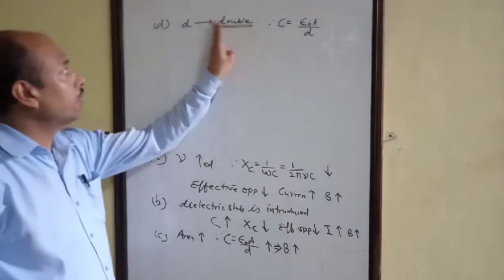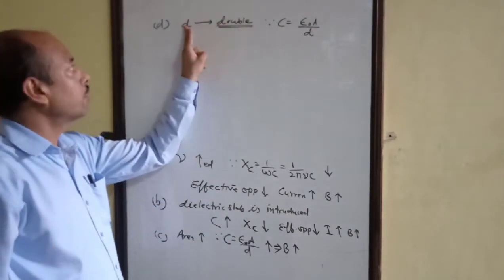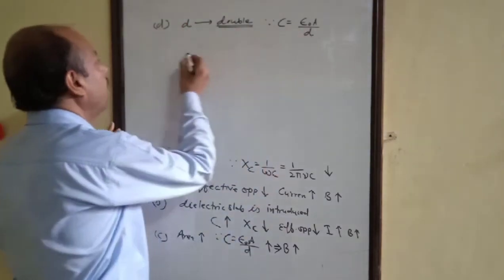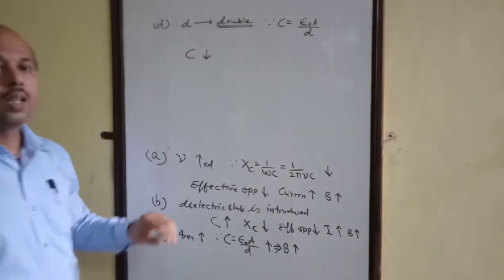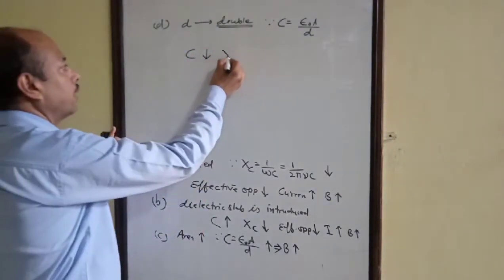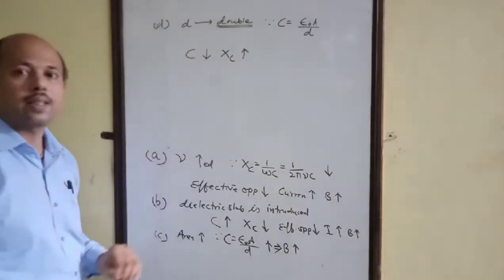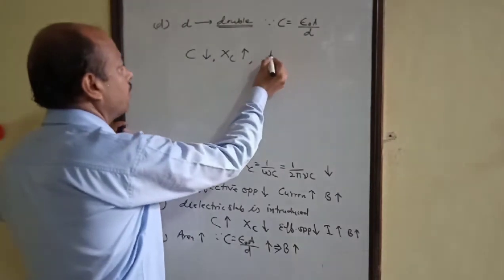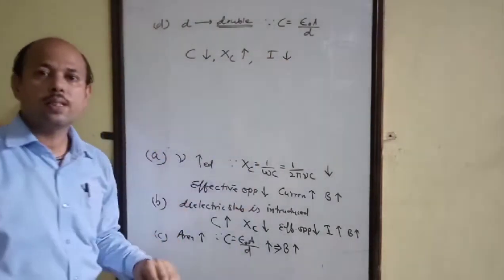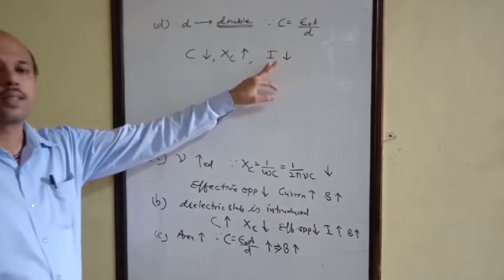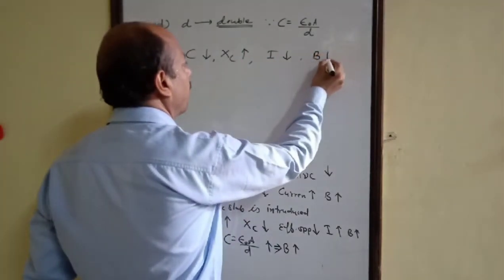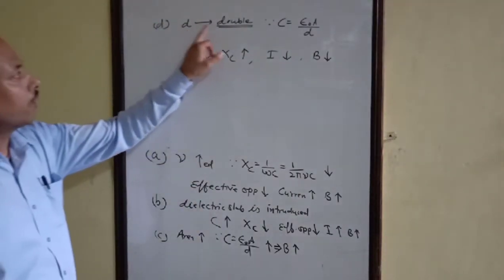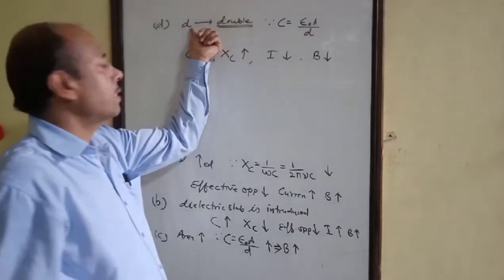We have doubled the distance, or increased the distance, therefore capacitance will reduce. If capacitance reduces, then capacitive reactance will increase. If capacitive reactance increases, effective opposition increases, therefore current decreases, and consequently the brightness will also decrease. So this is the effect of change of distance d.